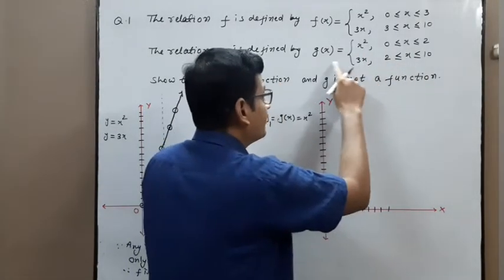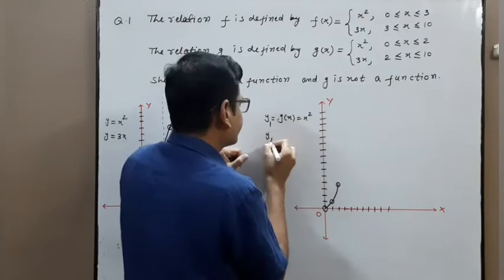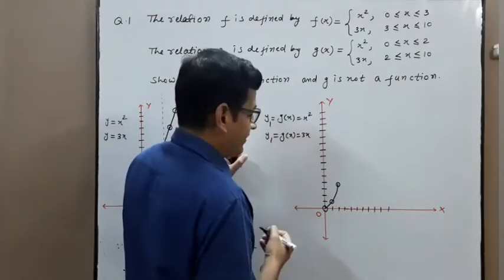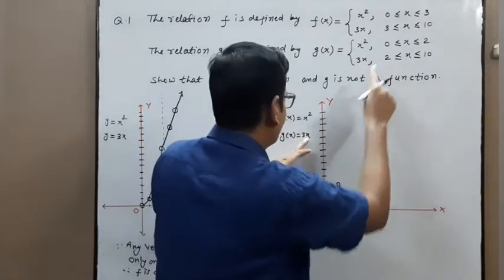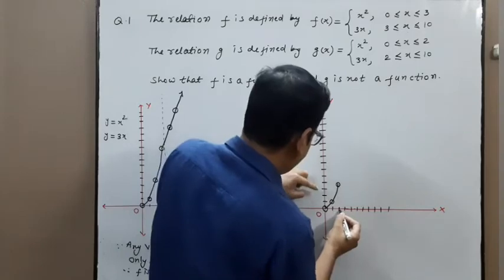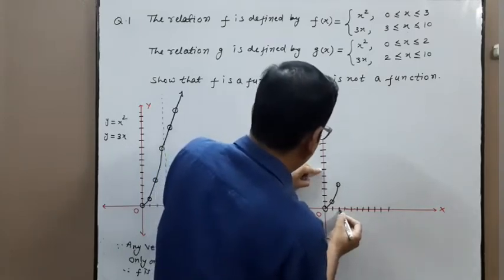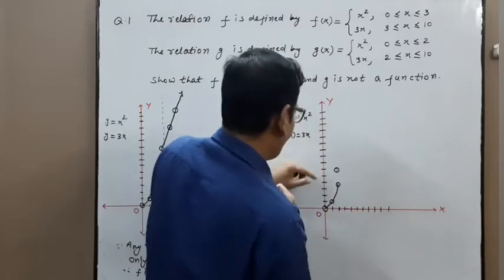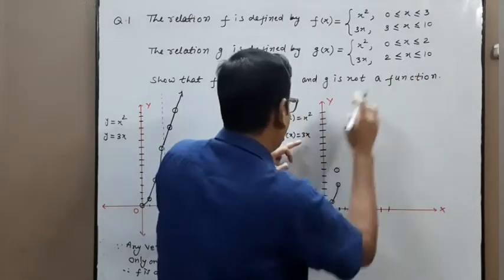Now draw the graph of g(x) equal to 3x. At x equal to 2, the value of y1 is 6. 1, 2, 3, 4, 5, 6. Now take the next point, x equal to 3.